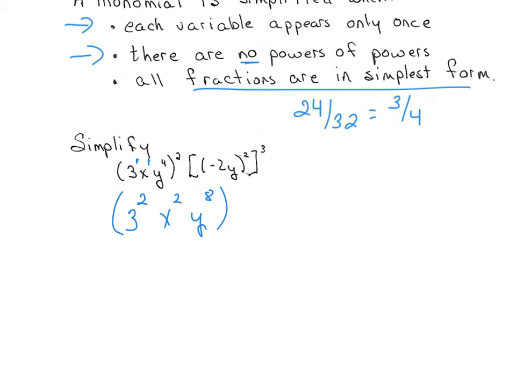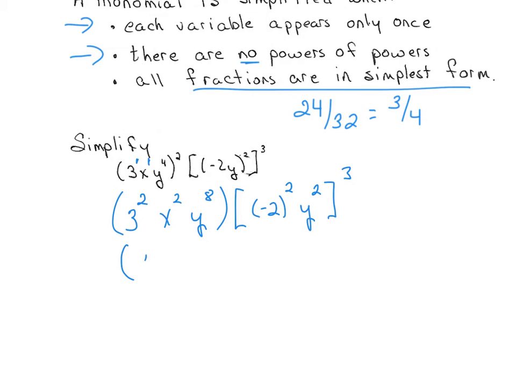Let's look at this second term. We're going to have -2 squared. I'm writing it this way because what happens when we square a negative number? That's right, it becomes a positive. I took care of the inside first, and now I'm going to take care of the outside.